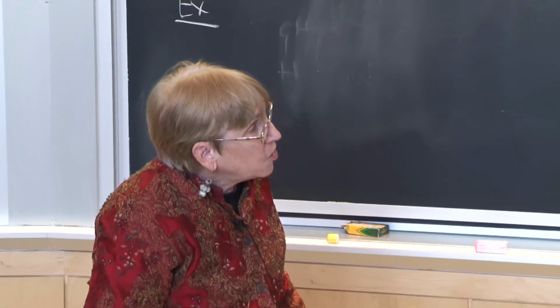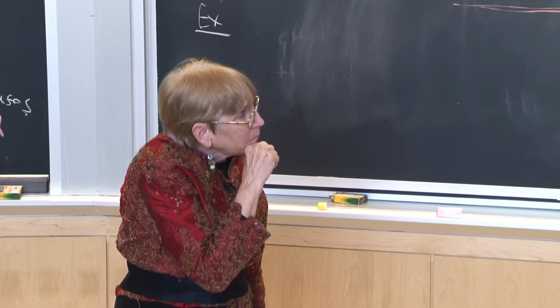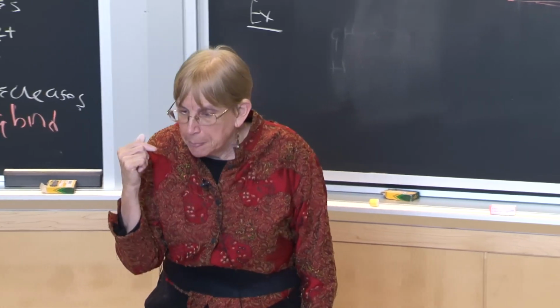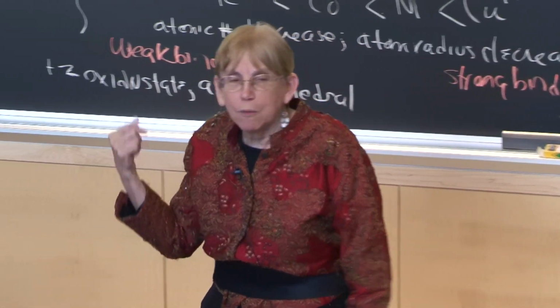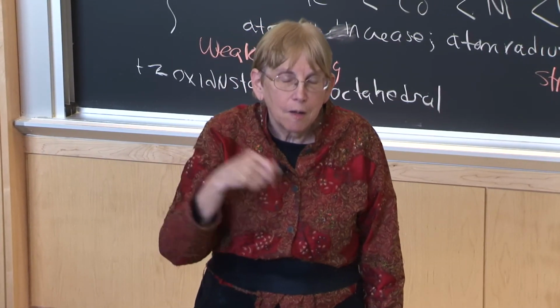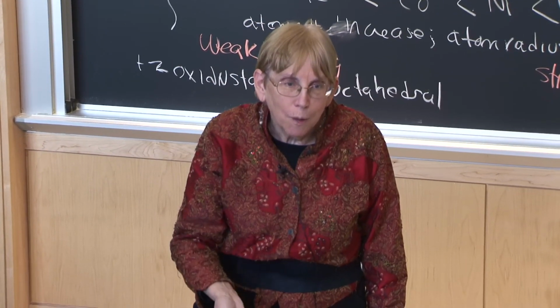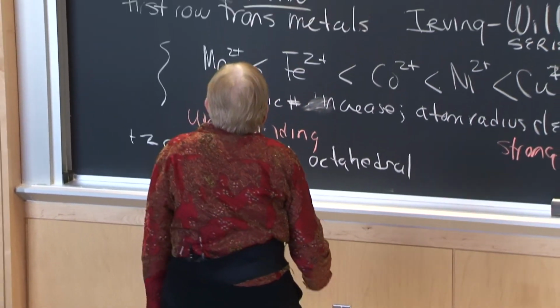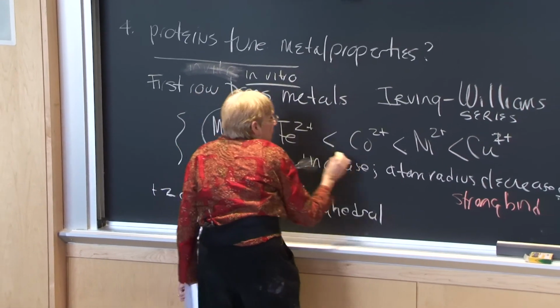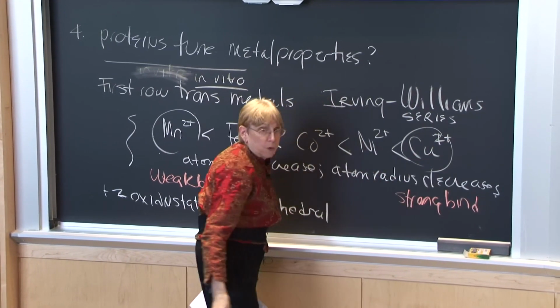And these workers were interested in a cyanobacteria, and they wanted to find what was the protein that bound the most copper and what was the protein that bound the most manganese. Okay, so we're looking at two extremes of the Irving-Williams series.